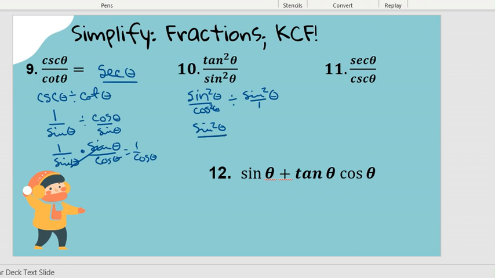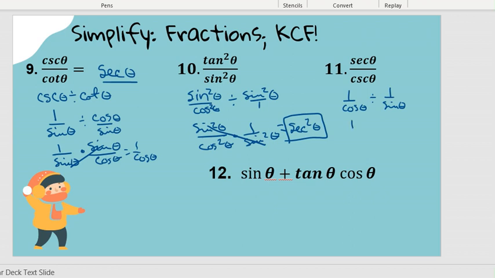Sine squared theta over cosine squared theta times 1 over sine squared theta. That was keep, change, flip. The sine squared thetas go away. Leaves me 1 over cosine, which is secant squared theta. Final answer.